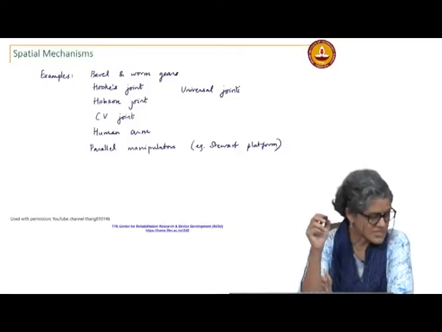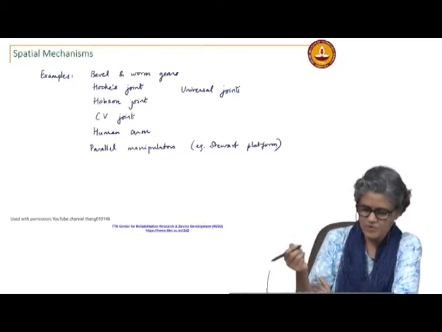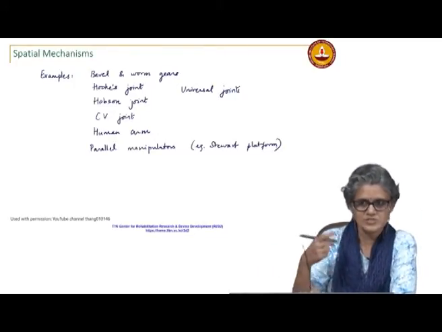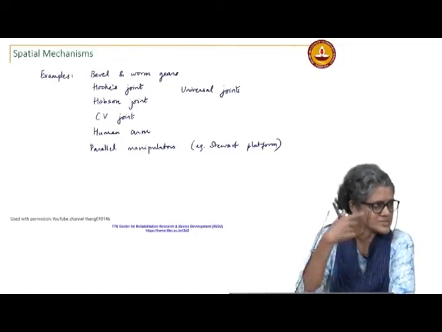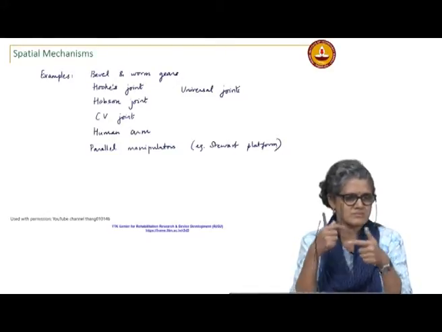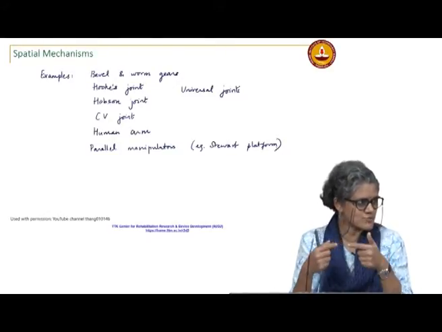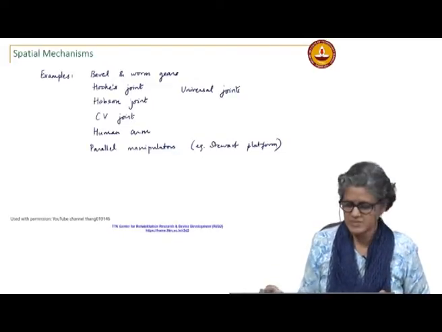These are all examples of spatial mechanisms. A cylindrical cam is another one: you would have seen a cylinder with a groove on it, and the follower moves in the groove. That is an example of a spatial mechanism.